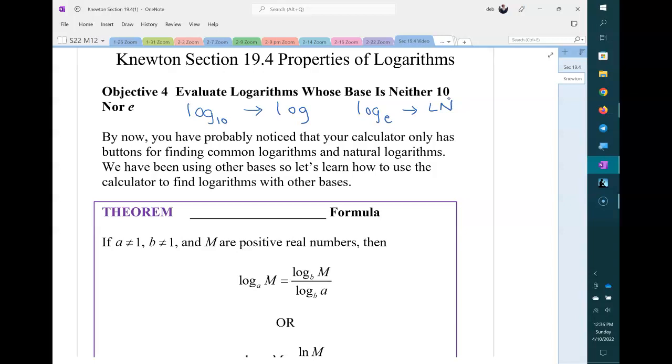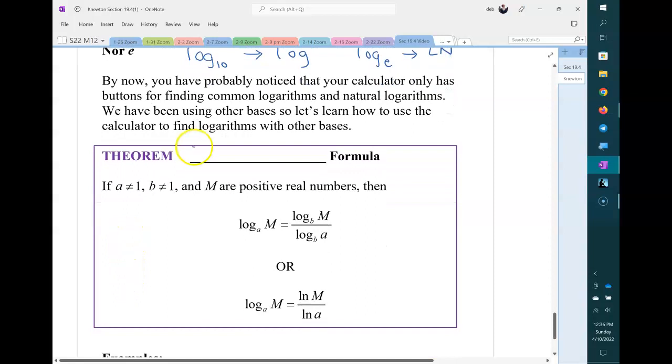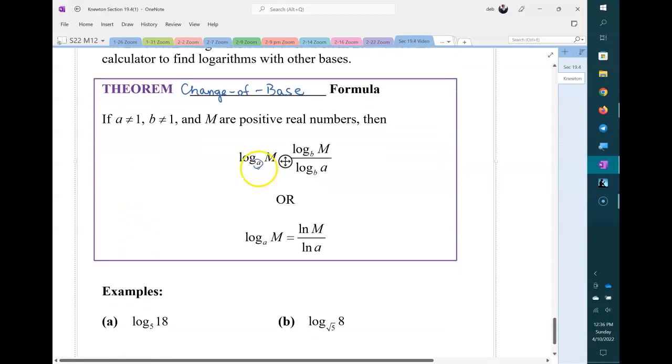Okay, so this is called the change of base formula, and we won't prove it, but it can be proved. It says if you have the log of some odd base that's not one of the two on your calculator, you can take the log in base 10 that's on your calculator.